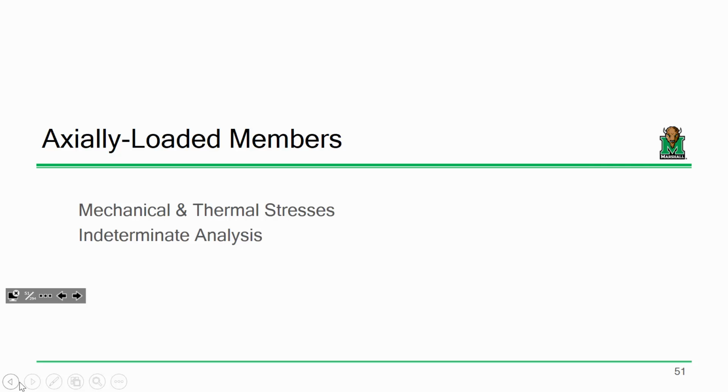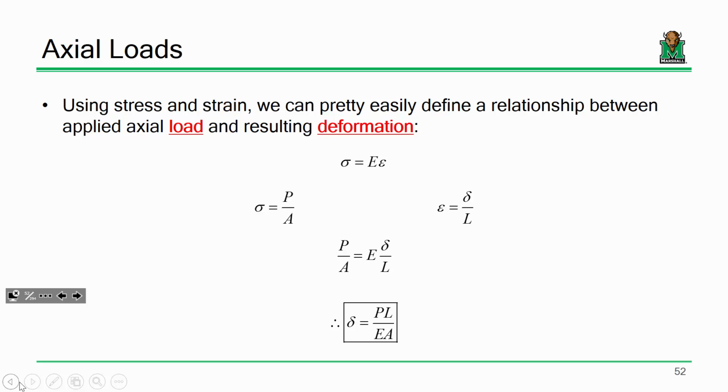Any questions? Okay, so just a heads up on what's coming next. What we're going to do next is take this concept of stress and this concept of strain and start to combine them together and actually do some what I'll call real problems, okay? We start off with a basic set of problems on axially loaded members.